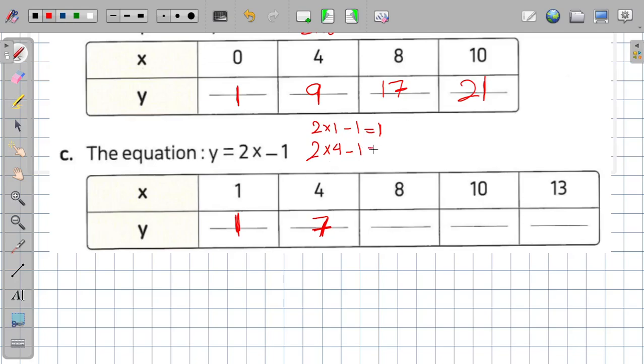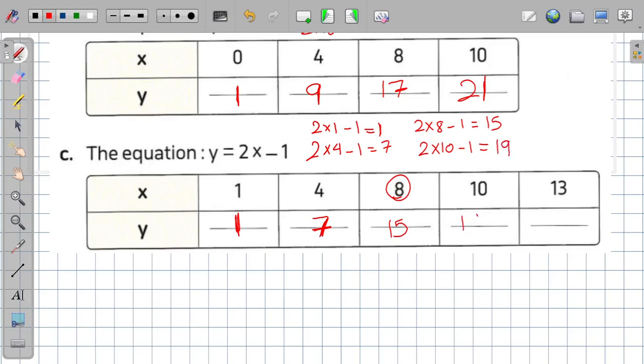Next, I have 2 times 8 minus 1. 2 times 8 is 16. 16 minus 1 is 15. So the value of y here is 15. Next, I have 10. So I have 2 times 10 minus 1. 2 times 10 is 20. 20 minus 1 is 19.